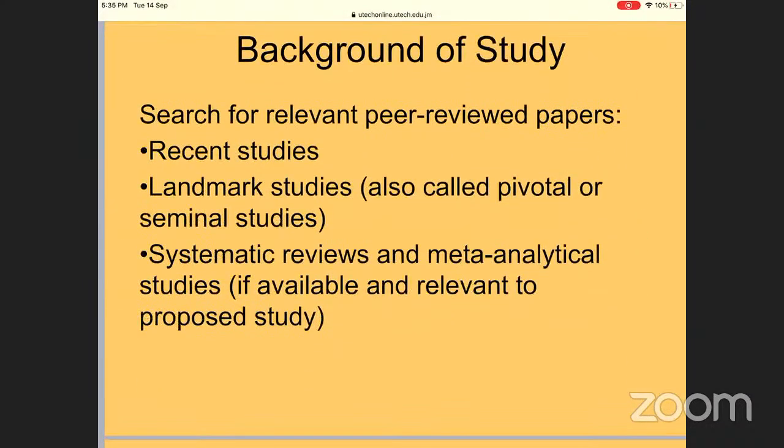To get the background, you're going to search using Google Scholar and other online databases at UTech. We have a long list, including IEEE, ACM, EBSCOhost, and others. I got an email recently saying that the students couldn't find things on Google Scholar. I reminded the students by email that articles can be found on the online databases if you're a registered UTech student.